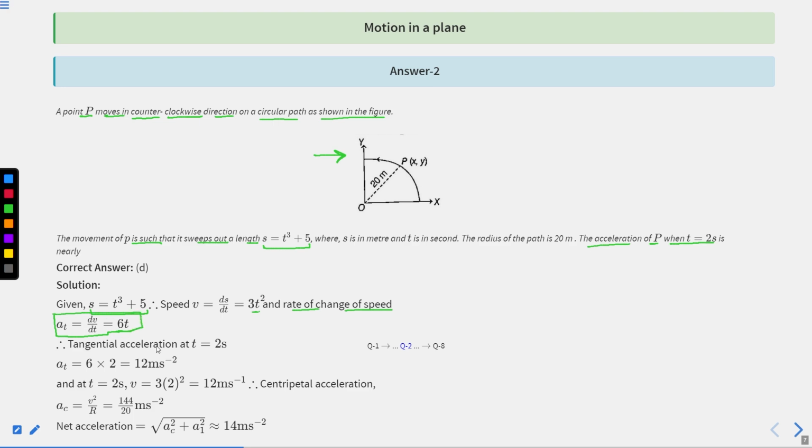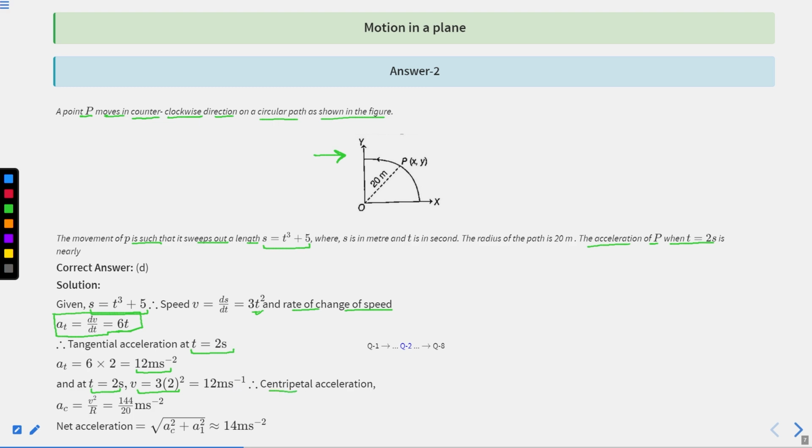The tangential acceleration at t equal to 2 seconds, at equals 6 multiplied by 2, which is equal to 12 meter per second square. At t equal to 2 seconds, velocity is equal to 3 multiplied by t square, which is equal to 12 meter per second.